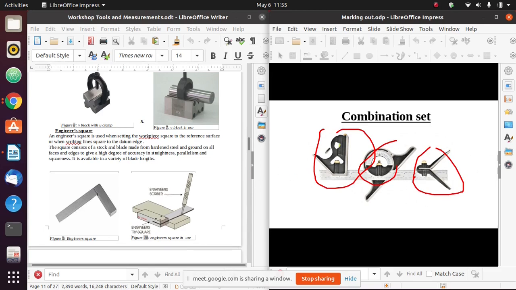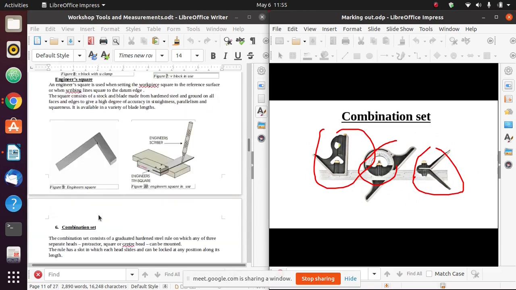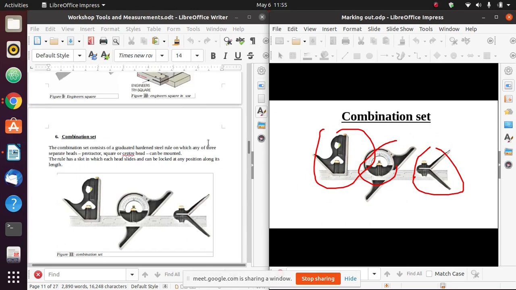Now I'll start with the protractor head. If I want to scribe lines that are at an angle, this is my workpiece, and I want to draw a line that is at an angle. What will I do? I will set that angle on this protractor. It has calibration from 0 to 180 degrees as a normal protractor. So depending on the angle I want, I will set this protractor to that angle.